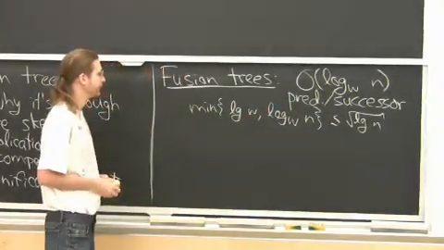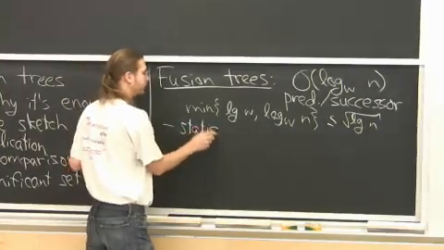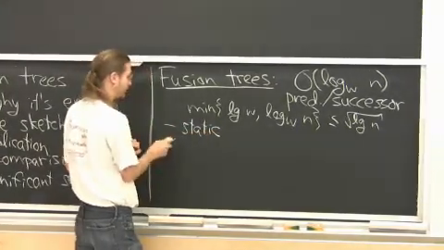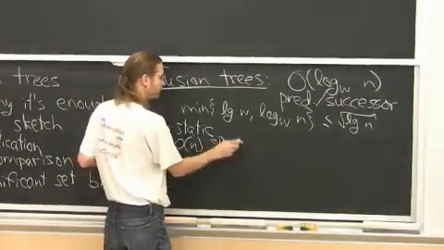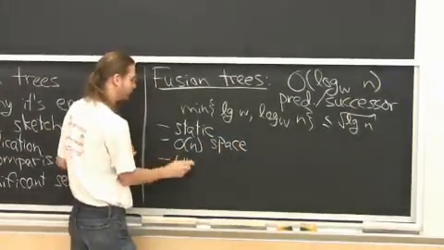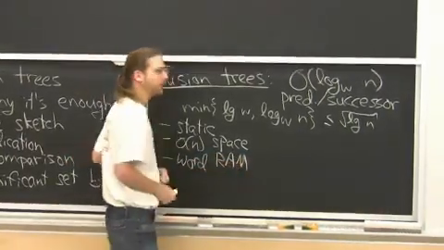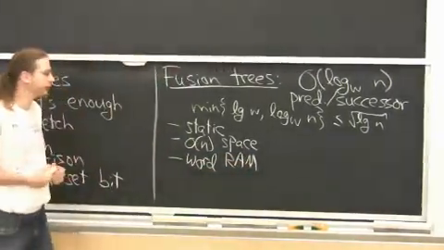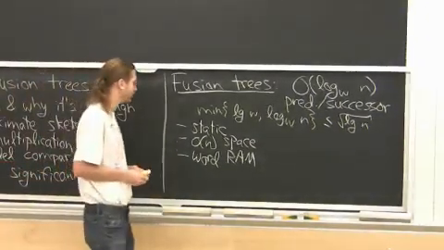Anyway, the version we're going to cover is static, and it's linear space. And it runs on the good old word RAM, which you may recall is regular C operations on W-bit words. W is at least log n, so you can do random access.